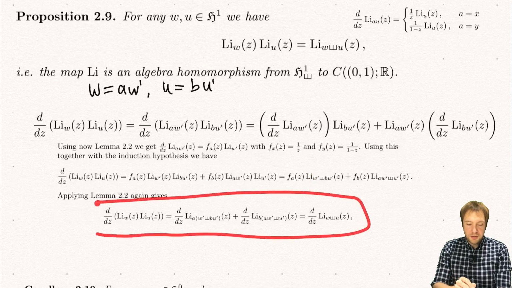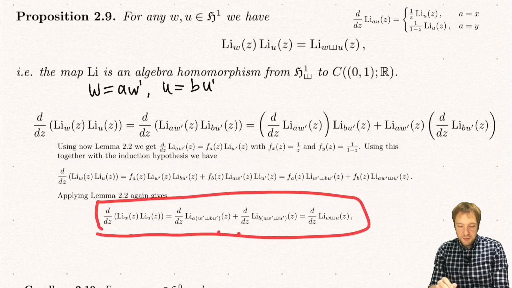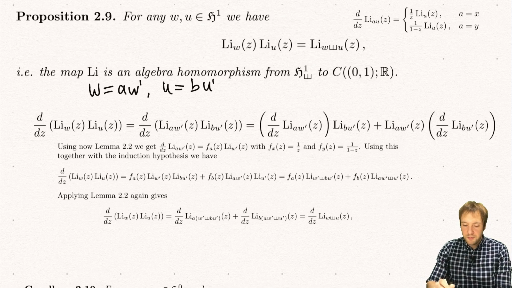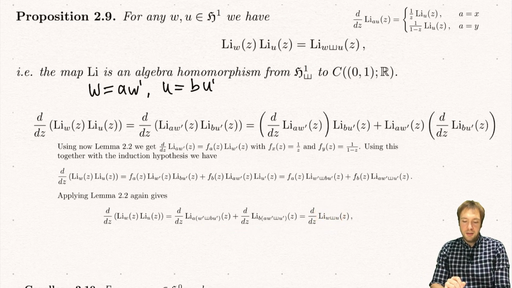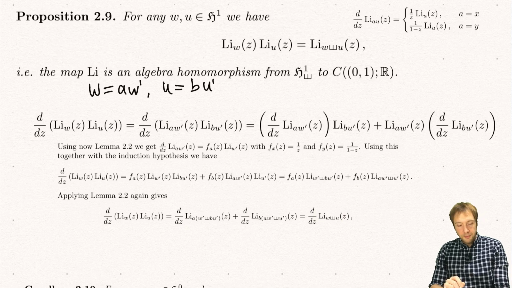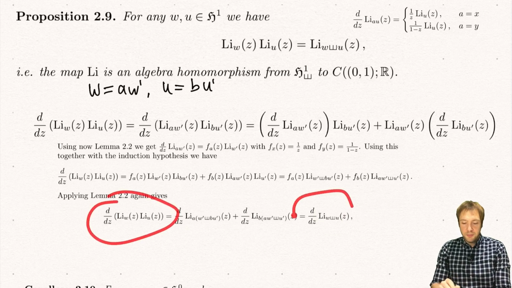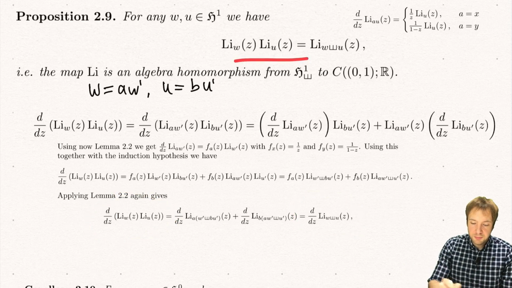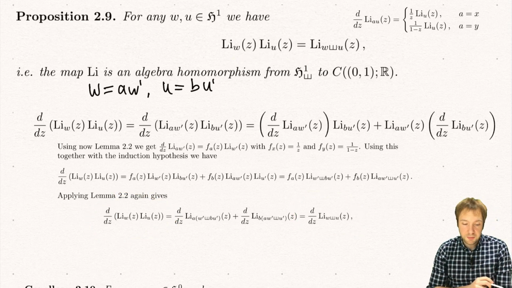So in the end we get that this equals this one here, and by the recursive definition of the shuffle product, this is exactly given by Li of W shuffle U. So the derivatives are the same. They are the same up to some constant, but this constant vanishes because both sides vanish as z goes to 0.